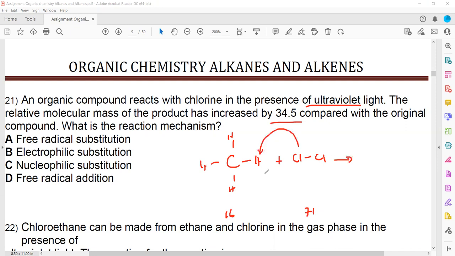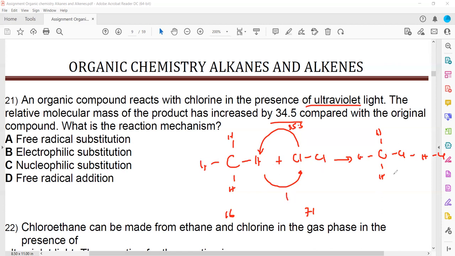When one chlorine enters, one hydrogen leaves, plus HCl. So the relative molecular mass of the organic product compared with the original increases, because each chlorine is 35.5. So chlorine 35.5 enters and one leaves.